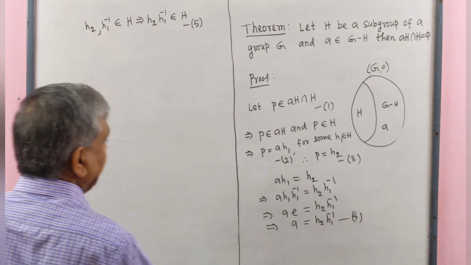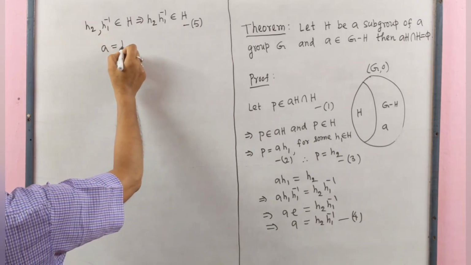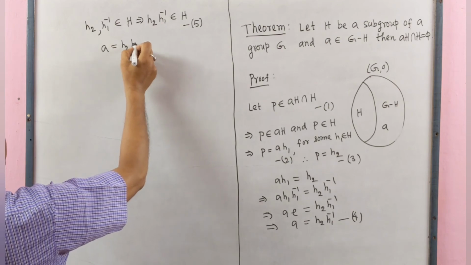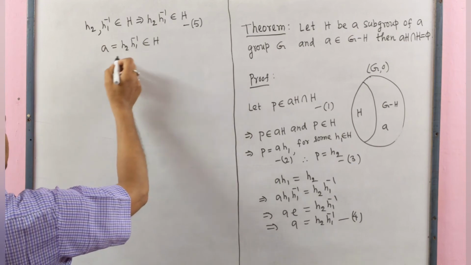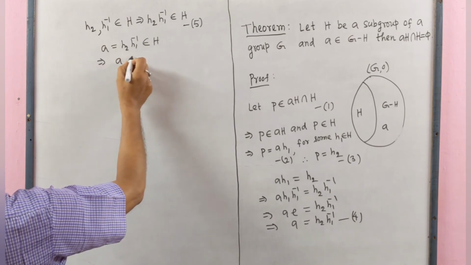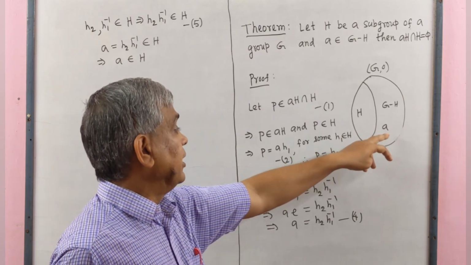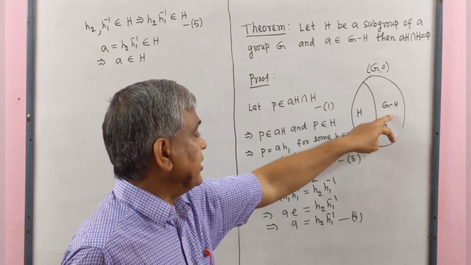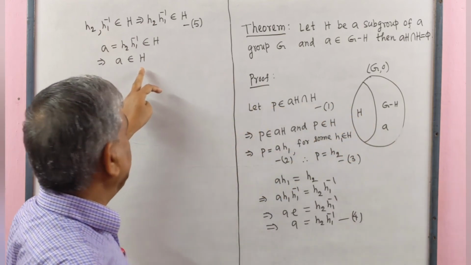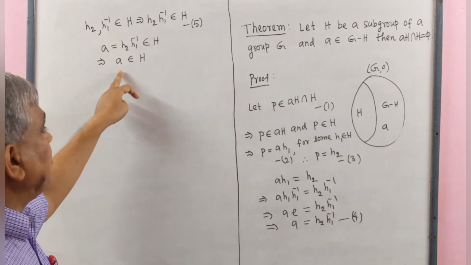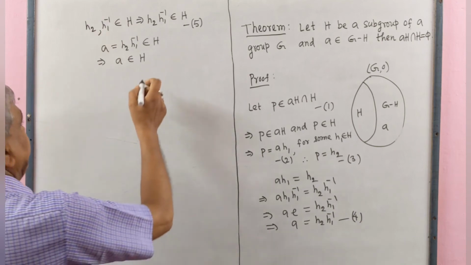From 4 and 5 we get a equal to h2h1 inverse belongs to H, implies that a belongs to H. Here we see that a belongs to G minus H, but a does not belong to H. Here we get the result a belongs to H. Therefore, we get contradiction.